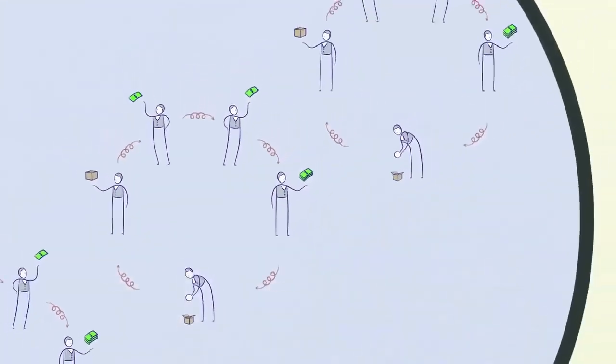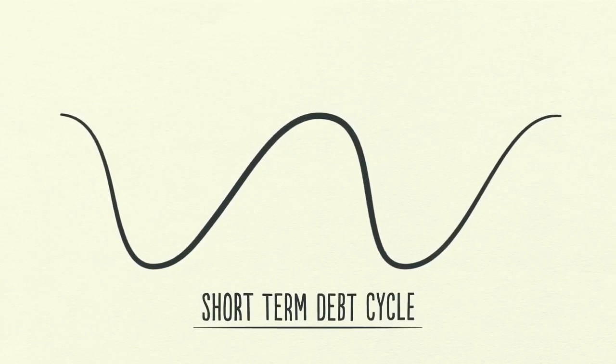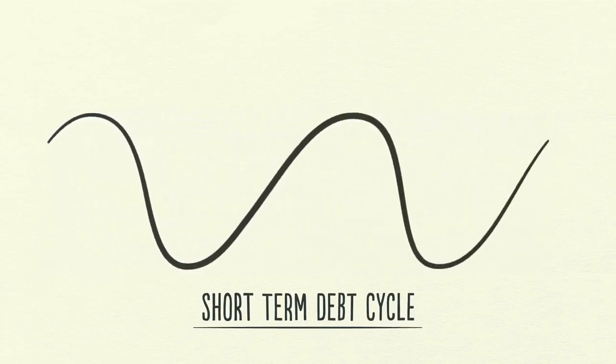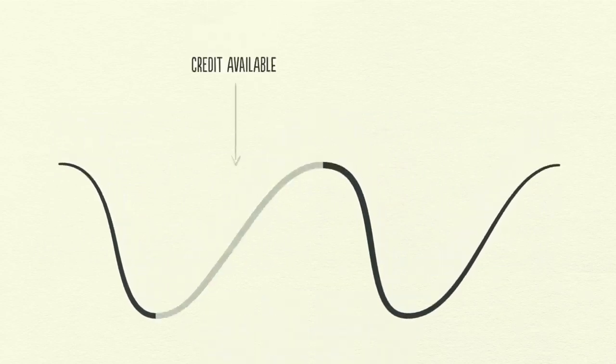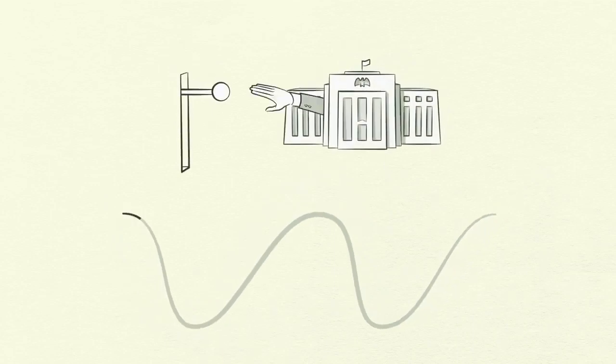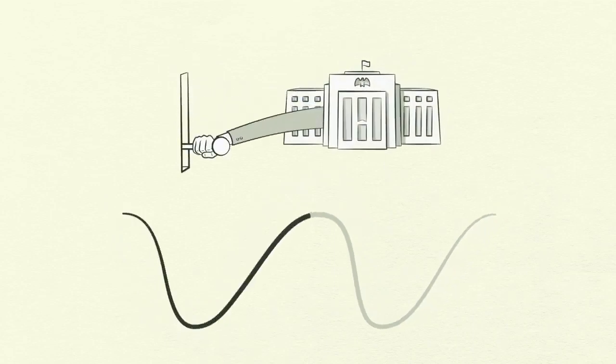As you can see, the economy works like a machine. In the short-term debt cycle, spending is constrained only by the willingness of lenders and borrowers to provide and receive credit. When credit is easily available, there's an economic expansion. When credit isn't easily available, there's a recession. And note that this cycle is controlled primarily by the central bank.